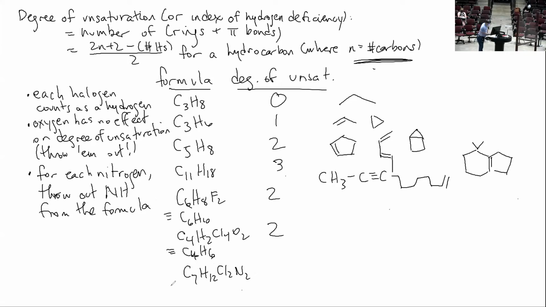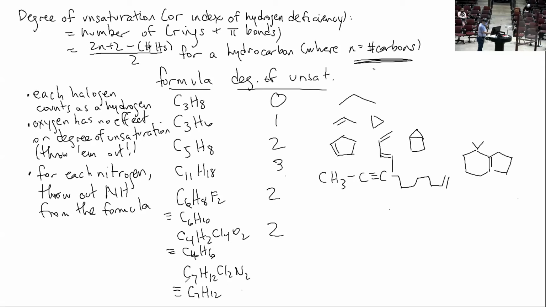Well, that's going to be equivalent to C7H14, but then for each of the nitrogens, you have to throw out a hydrogen with it. So we go down to 12 hydrogens because the chlorines both count as hydrogens. So at first it's C7H14N2. Then each of the nitrogens, you throw out a hydrogen with it, and you get back to C7H12.